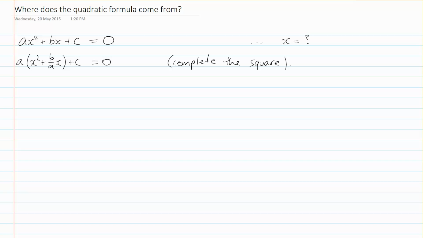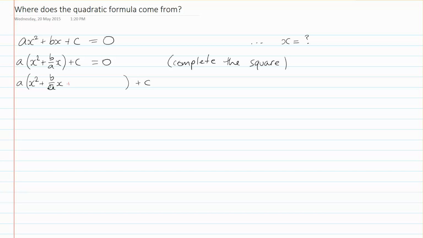Now that I've done that, I'm going to halve the coefficient of x, square it and add it on. So I'll start with my a, x squared, plus b over a, x. I'll leave a gap, and then I'll have plus c. Change pen colour, and here we go. b over a halved is b over a divided by 2, which is equal to b over 2a.